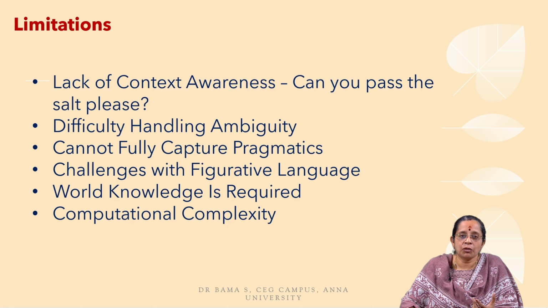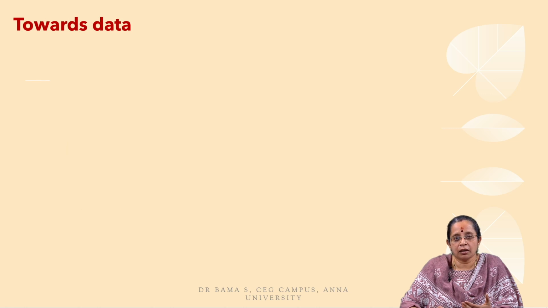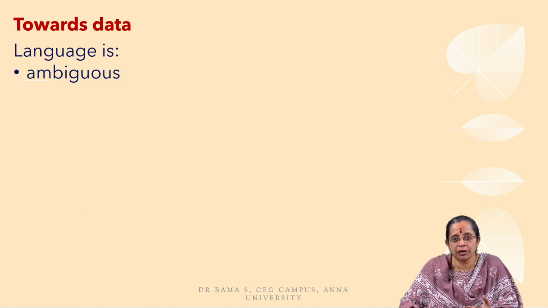Now, some of the limitations we can address through the statistical or probability side. Generally, language is ambiguous, as we saw so far, and it is variable: whatever we say in English is not adaptable to Tamil or any other language, and it is context dependent.